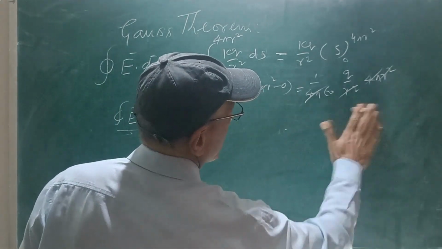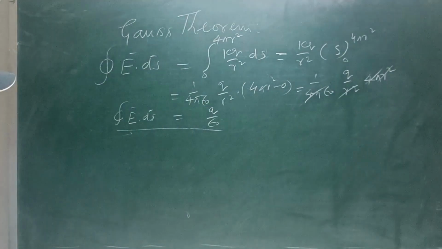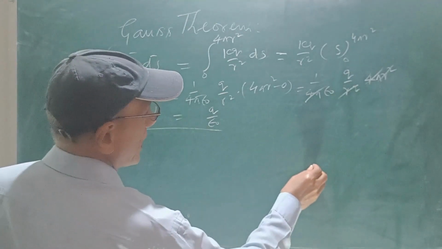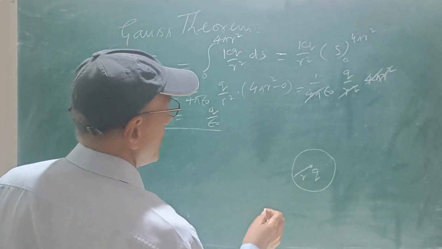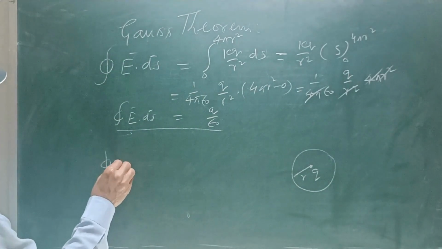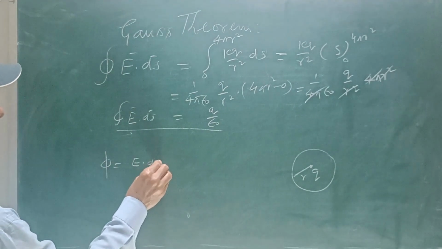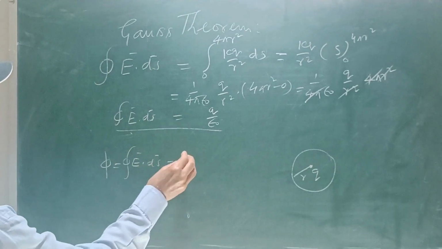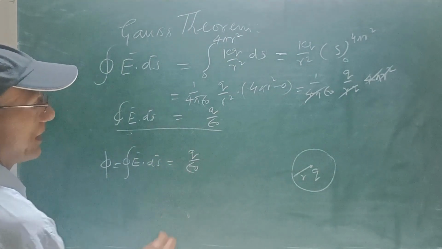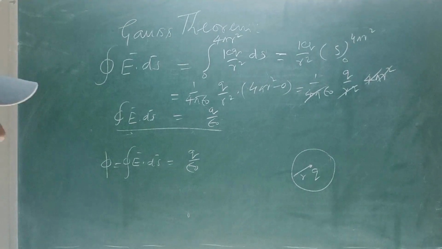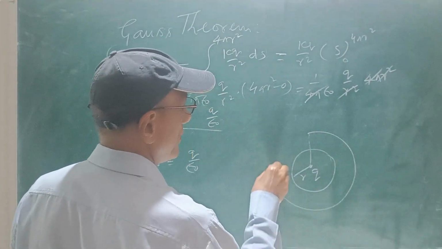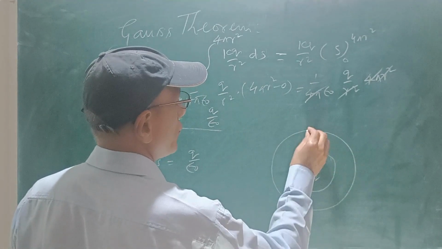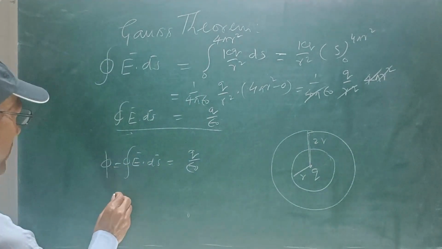Now, if this is the charge Q and this is the surface of radius R, so the flux will be E dot ds, which will always be equal to Q by epsilon naught. Now, if the radius of this surface is doubled, that is 2R, what will be the phi dash?